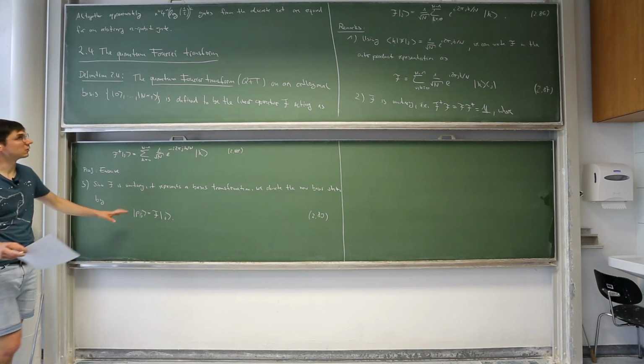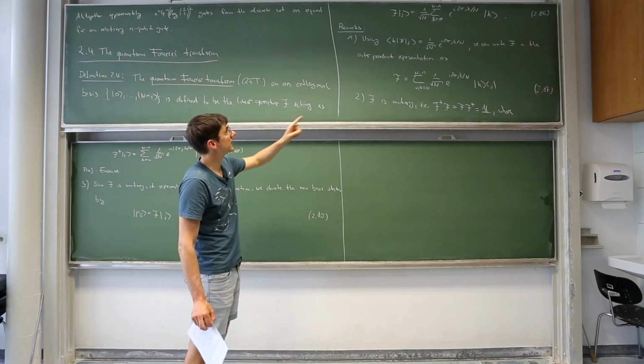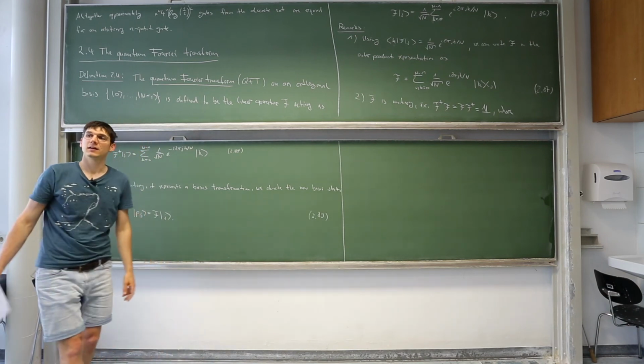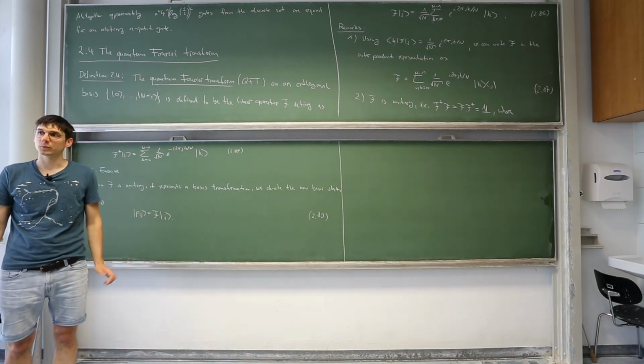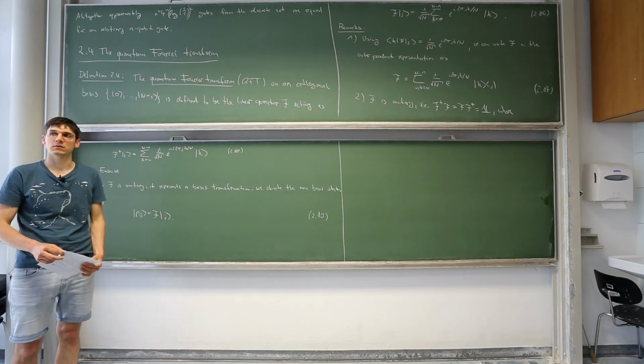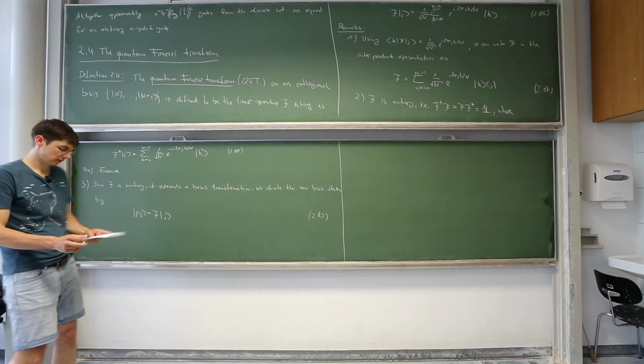In the following, how we defined it, we didn't specify capital N, but if we of course take small n qubits, then capital N is 2 to the power of n, because capital N is the dimension of our state space.